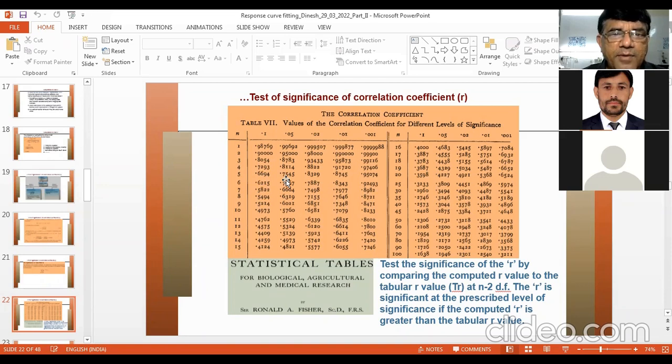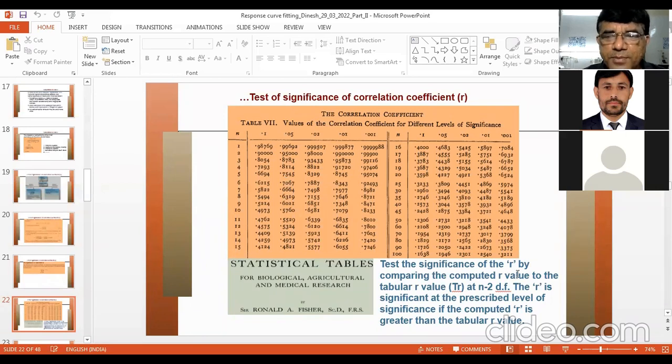If the level of significance is 0.05, the table value is 0.7545. If my correlation coefficient is more than 0.7545, then it is significant. Otherwise, it is non-significant. So this is how you can directly get your answer from the R tables.